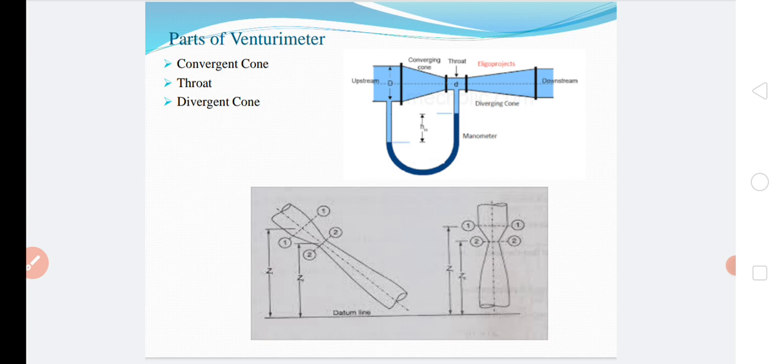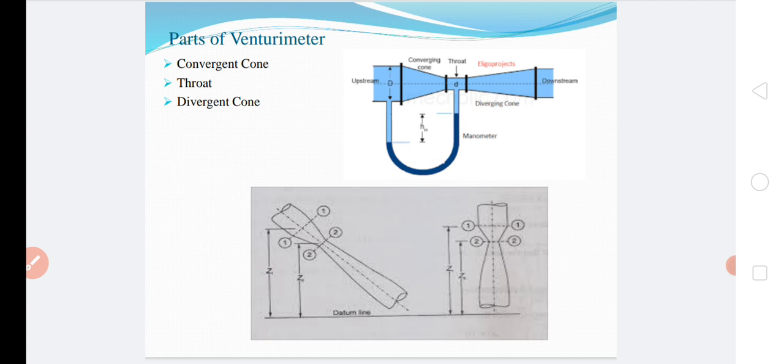The length of the divergent cone is always 3 to 4 times the length of the convergent cone. Why? A question arises: why is the divergent cone 3 to 4 times larger than the convergent cone?